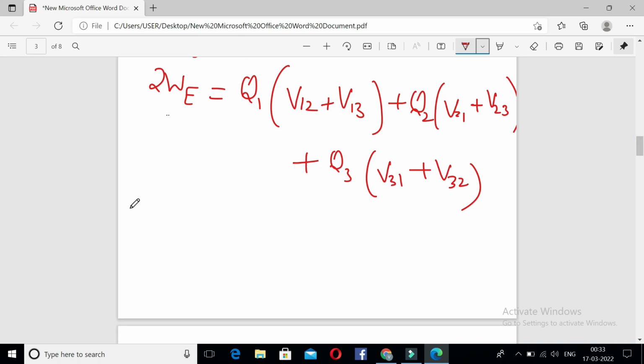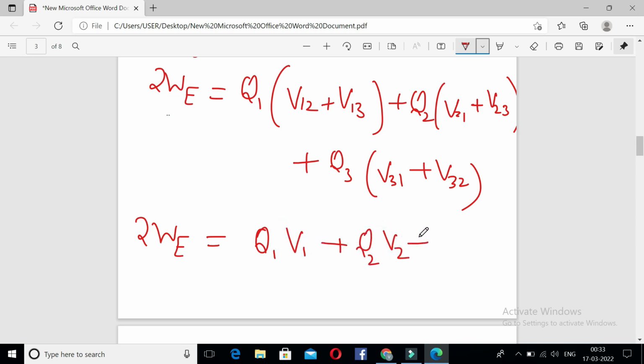Now 2WE is equal to Q1 V1 plus Q2 V2 plus Q3 V3, where V1, V2, V3 are the total potentials at points P1, P2 and P3 respectively.